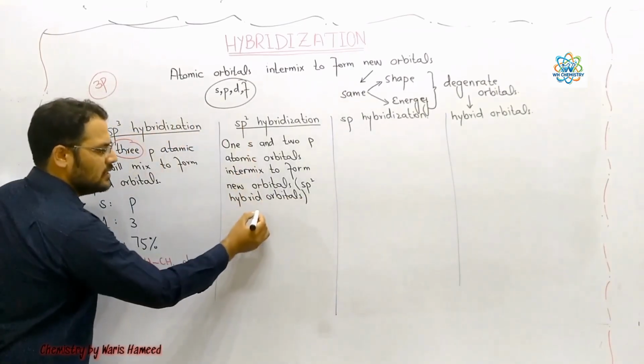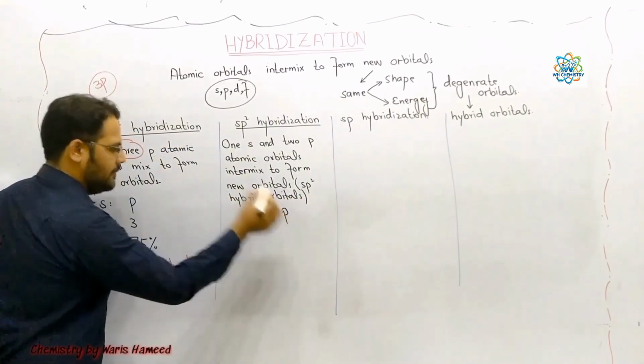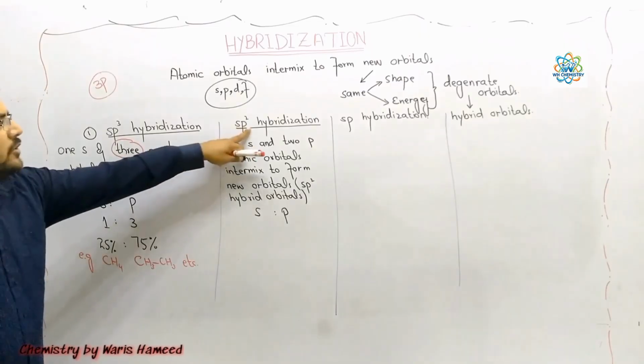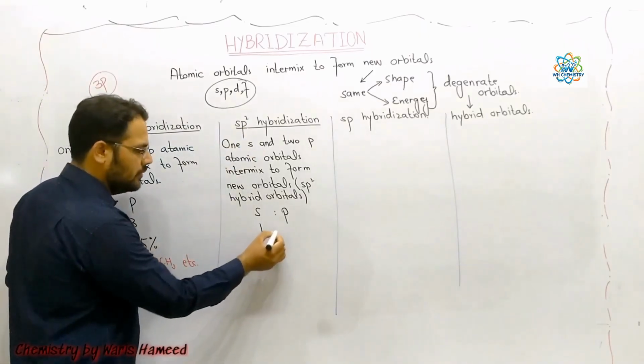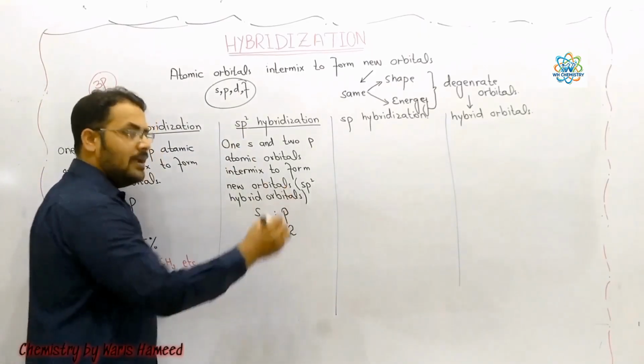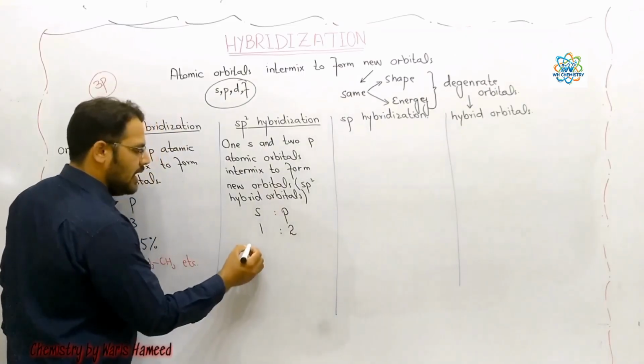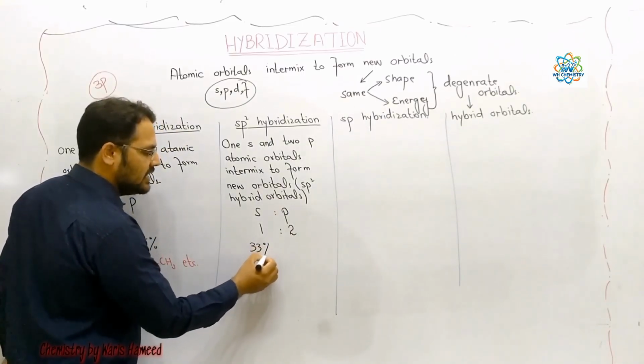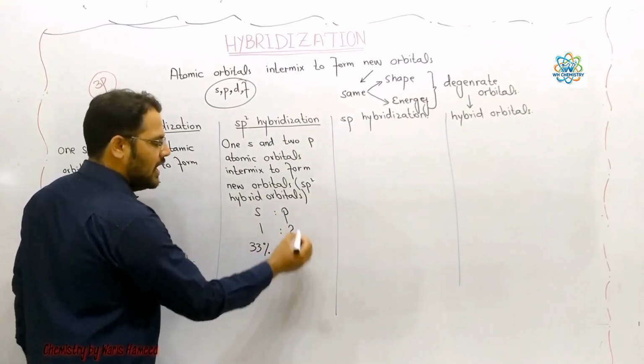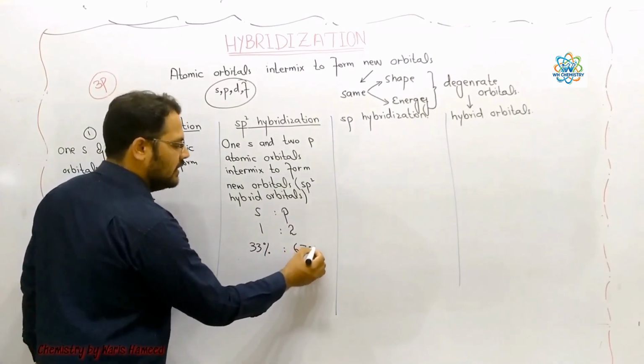In this case the ratio will be 1:2, and their percentage is that s will have 33% character in the hybrid orbital and p will have 67% character.